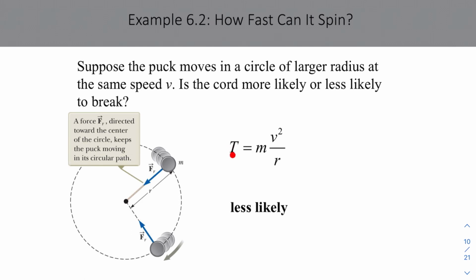That is why it's less likely to break. So what will happen to T? T will be less, and with less than the maximum value, it is less likely to break.